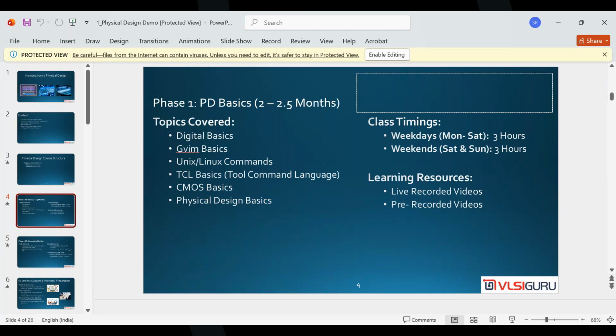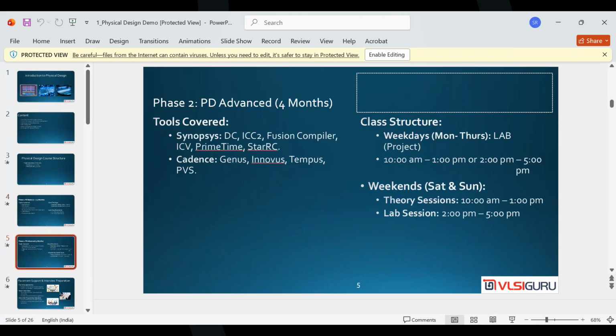So this will also help the students who are in final year, right? Because you have studied digital and CMOS maybe in second year or third year, right? So this will help you to revise topics and understand which topics we are covering in digital and CMOS, which will be helpful in understanding advanced physical design topics. Because PD advanced is part of VLSI, it is not the whole of VLSI.